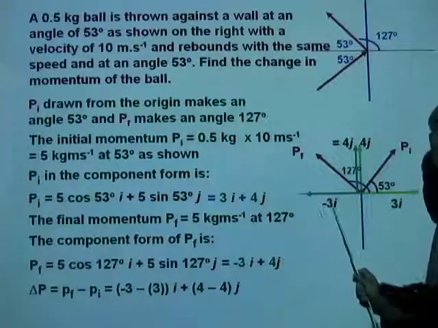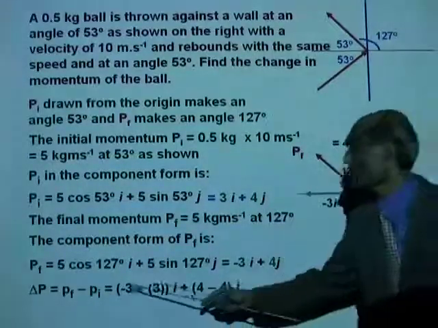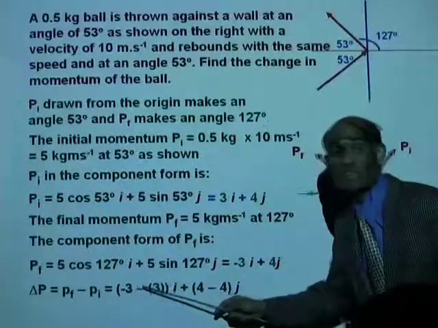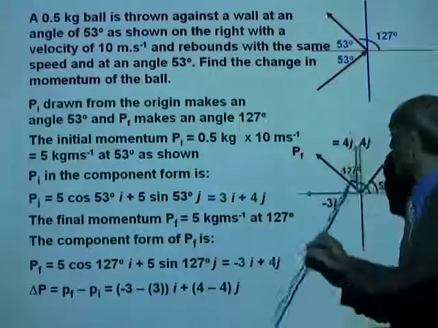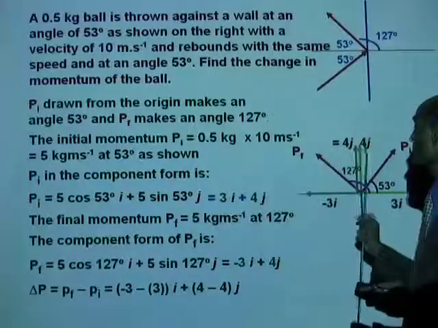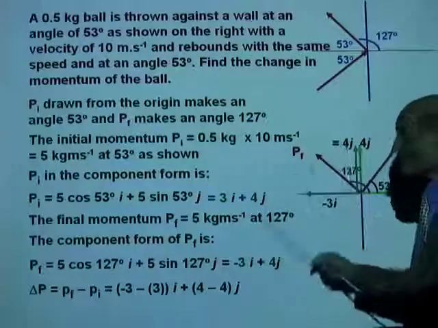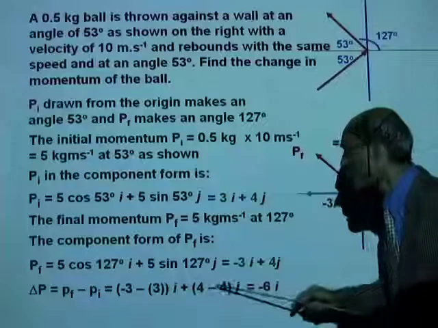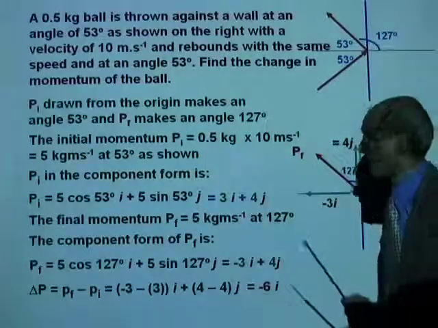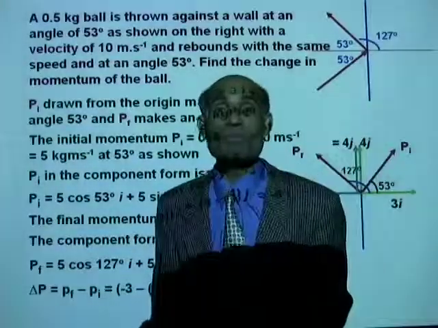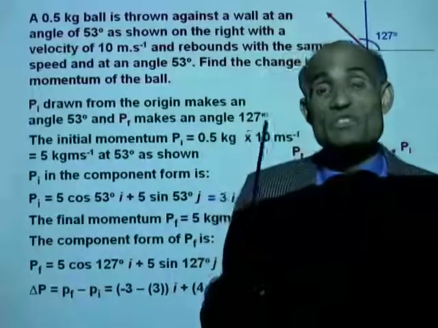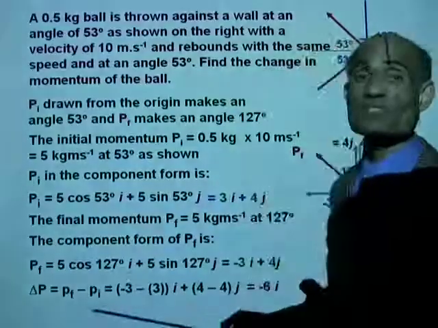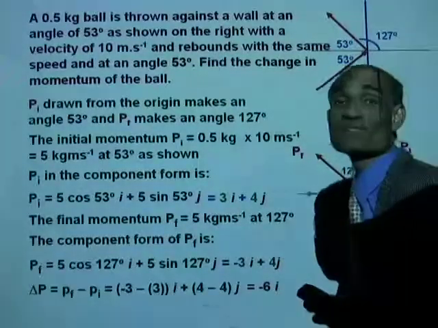It will be negative 3 minus 3i, that is the change in the x momentum. Plus, what is the change in the y momentum? 4 minus 4j. And that is negative 6i plus 0j. In other words, the change in momentum of the ball is negative 6 units in the negative x direction. A very important type of problem.